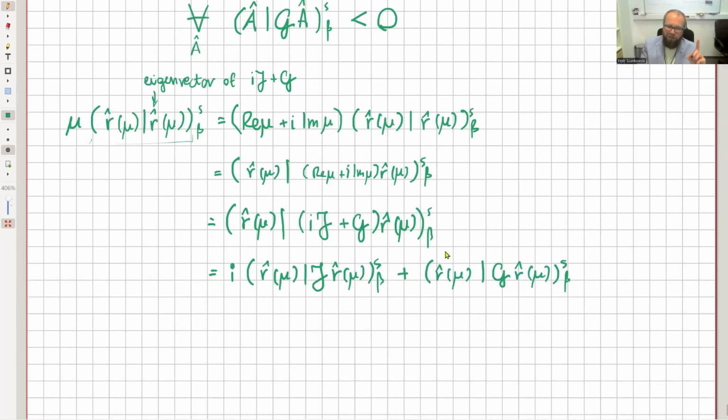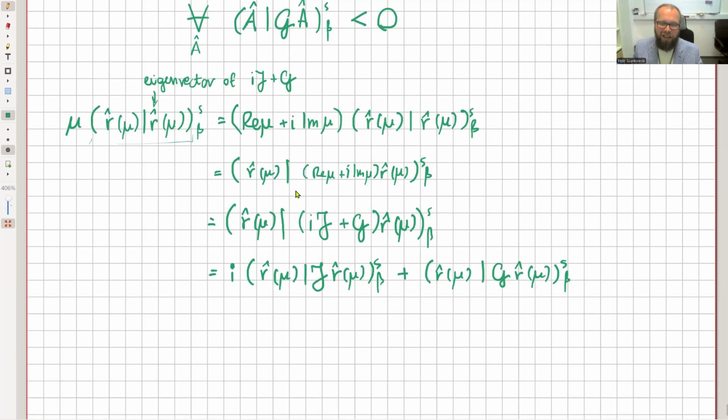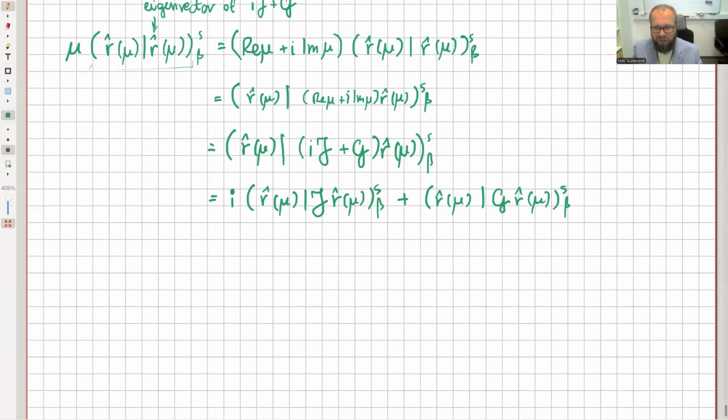Now a couple of things. We know that J is Hermitian because iJ is anti-Hermitian. So this kind of inner product, the average value of the superoperator J, be it on this eigenvector r or any other operator A, has to be real. So this thing is real.